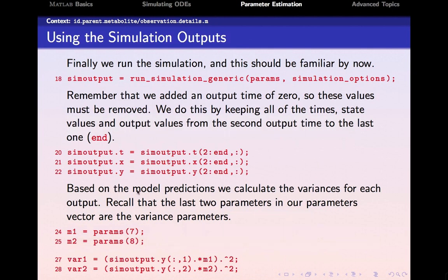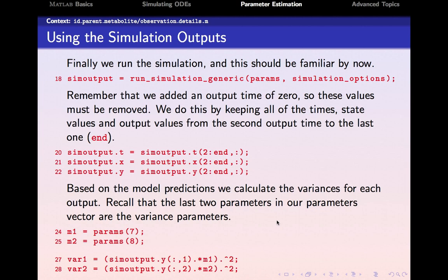So that's what lines 20 through 22 do. They basically just take your vectors from time 2, the second time, to the end, and overwrite your vectors with the originals from time 2 to the end. So I'm removing that dummy time that I stuck in.